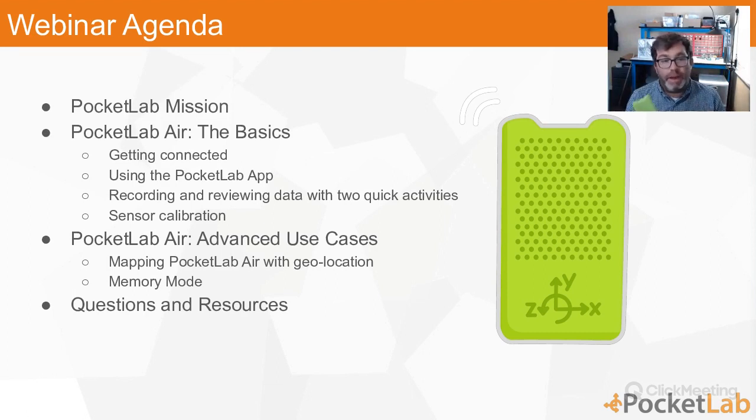We're going to talk a little bit about sensor calibration before we get into some more advanced use cases where we look at how you can map PocketLab Air data that you collect with your geolocation, and then also briefly talking about memory mode. After that, we'll look at where you can find some PocketLab Air resources, some lesson plans, some experiment ideas, and getting started material on our website.